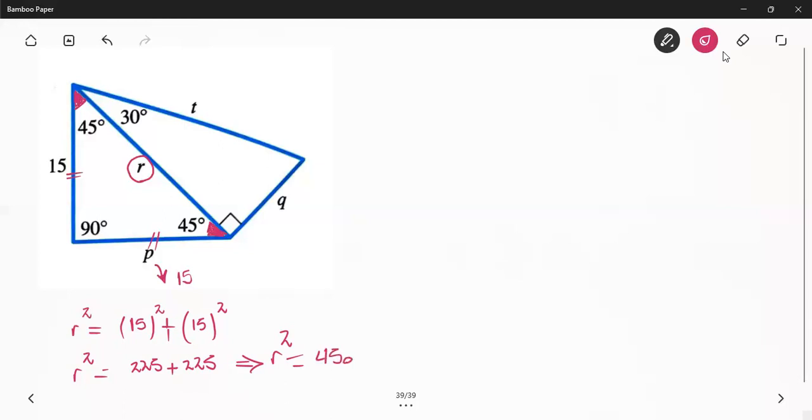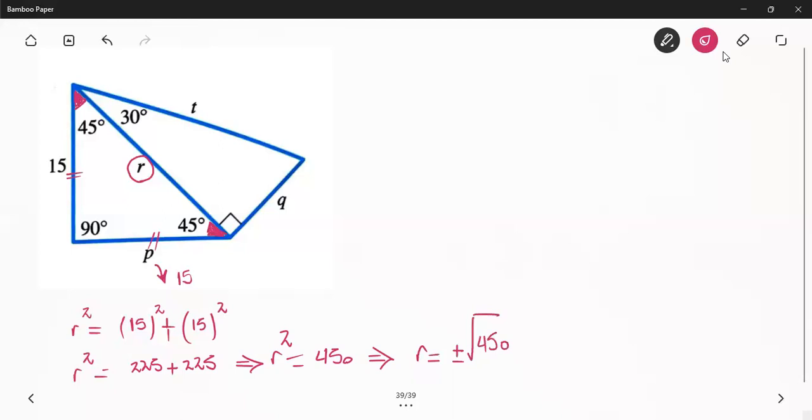And now we can infer that R is plus or minus the square root of 450, which is how much? It becomes around 21. Fantastic.